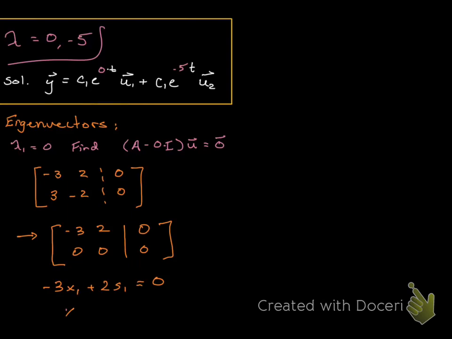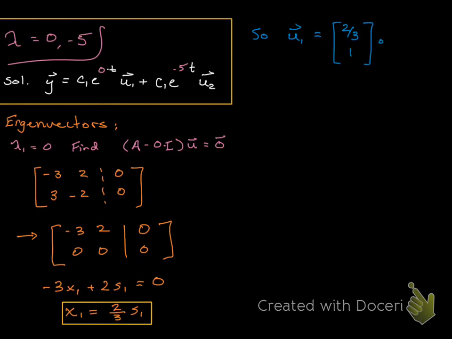Solve for x1. x1 is equal to 2/3 s1. Okay, there is my first, gives me my first eigenvector. So then u1, the corresponding eigenvector, should be the vector 2/3, 1.